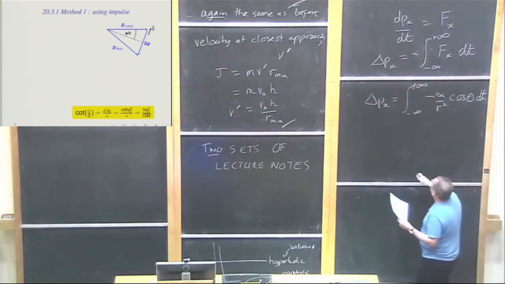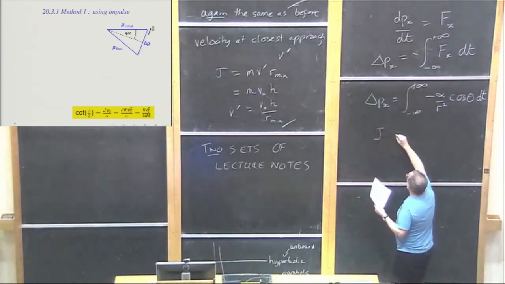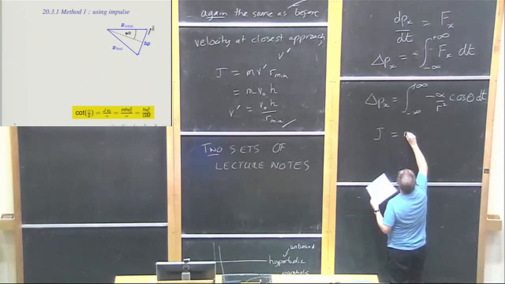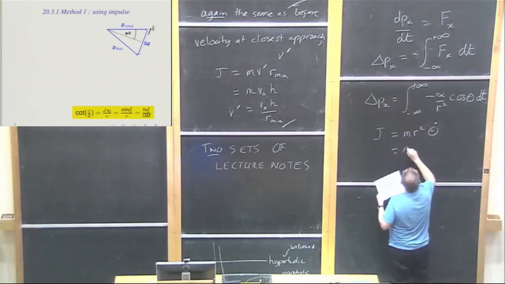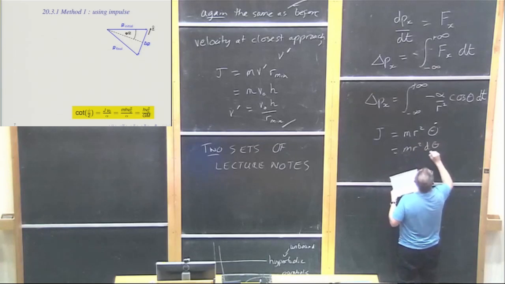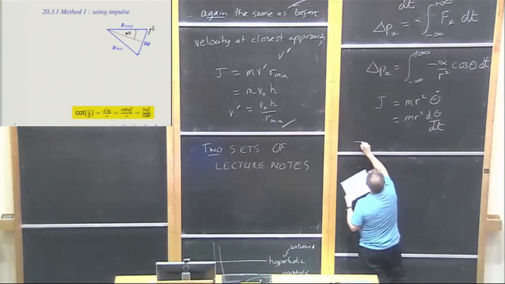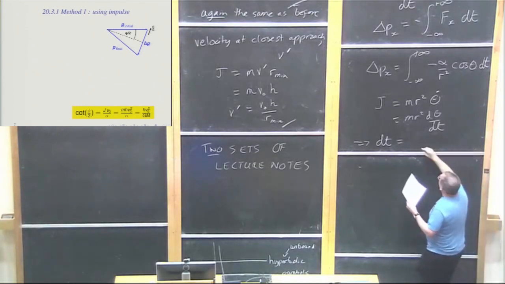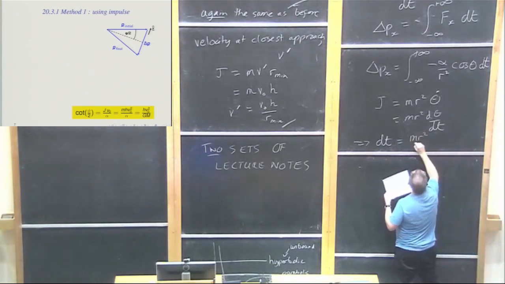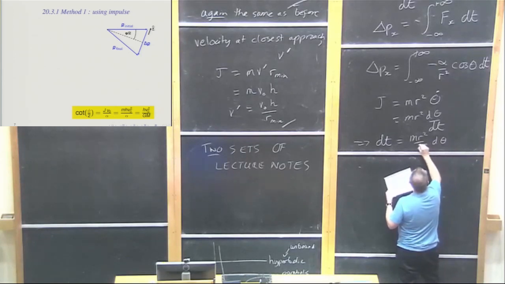Well, yes, we can. We rely on our good friend the angular momentum, which is given by mr squared theta dot, or mr squared d theta dt, and hence we can write that dt is nothing more than mr squared over J d theta. So this is great.